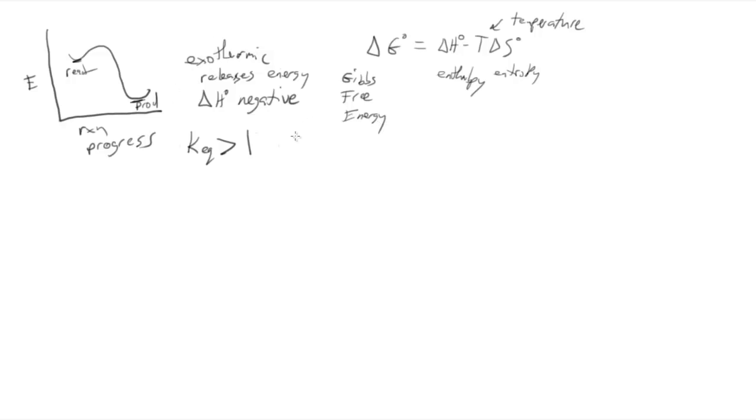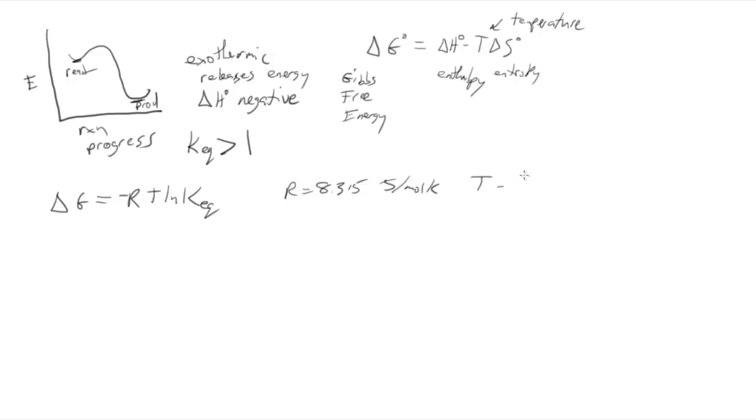And again, we've seen that the energy and the equilibrium constant are related. So the equation for that is delta G equals minus RT natural log of KEQ, where R is the gas constant, 8.315 joules per mole Kelvin.